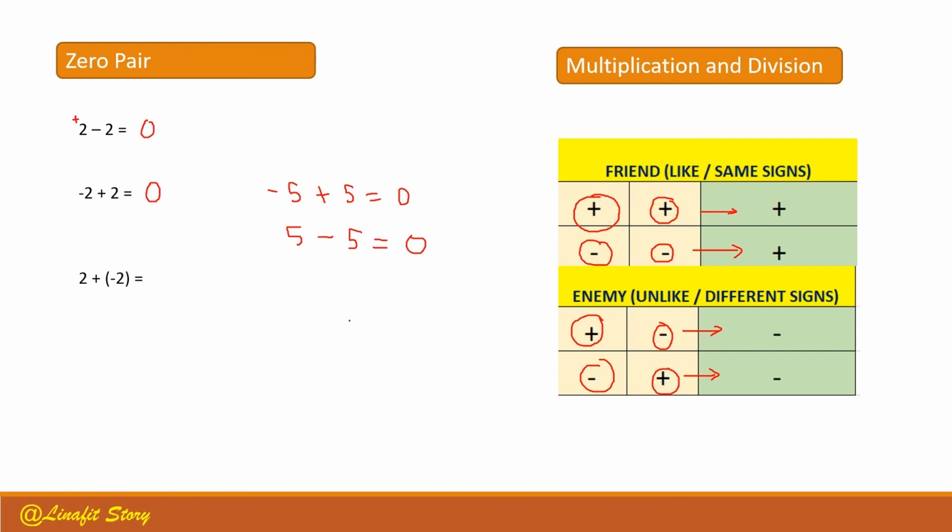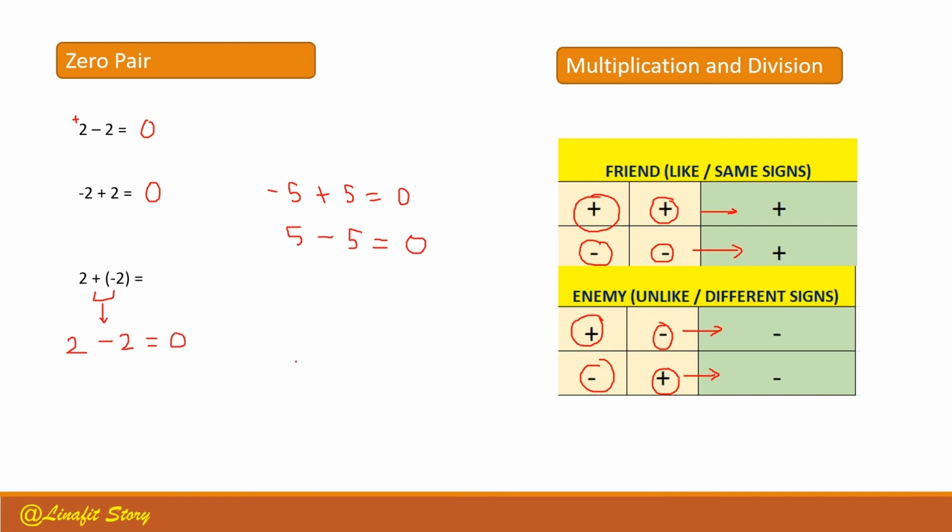So for example, over here, 2 plus, open parenthesis, negative 2, close parenthesis. So over here, this is the plus and minus, the positive and negative. So means that you meet your enemy. Why? Because different signs. So the result is negative 2. 2 minus 2 equals 0.